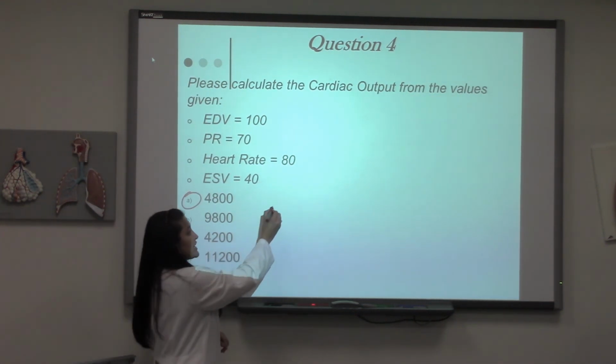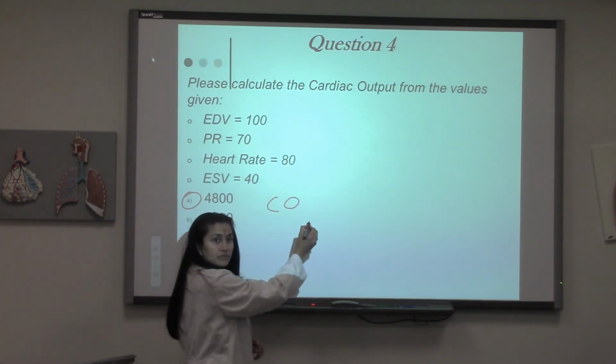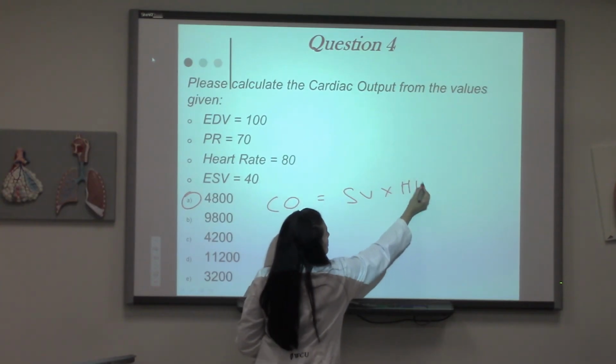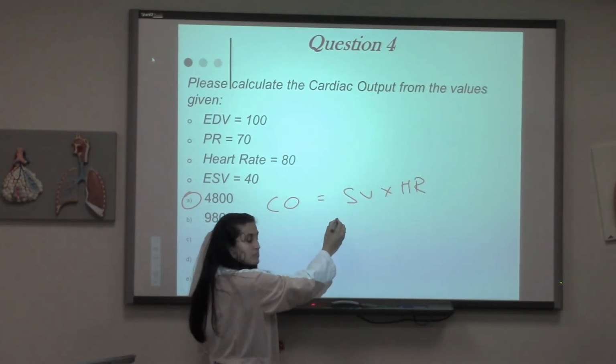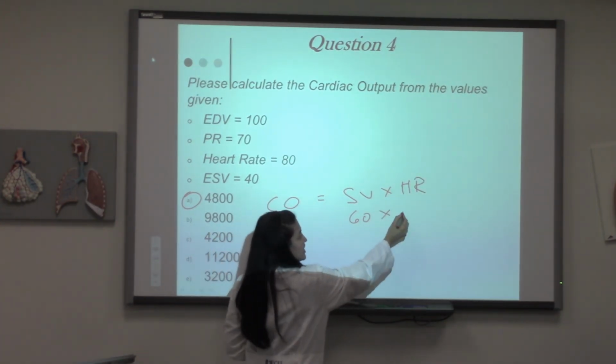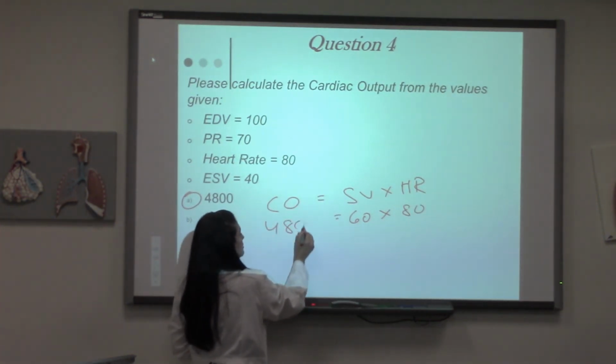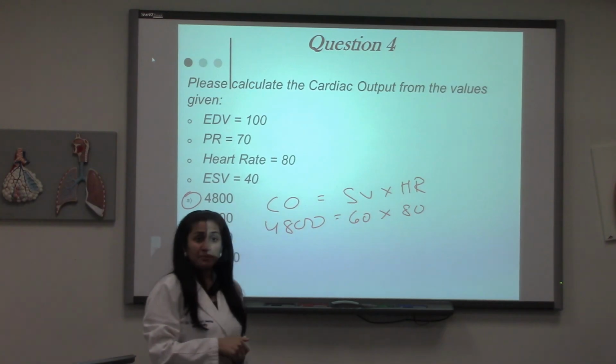What was the equation for cardiac output? Cardiac output equals stroke volume times HR. What was stroke volume? 60. What was HR? 80. Which will equal 4,800. Good?